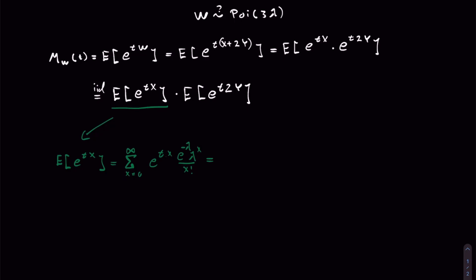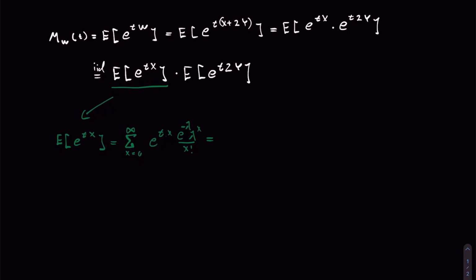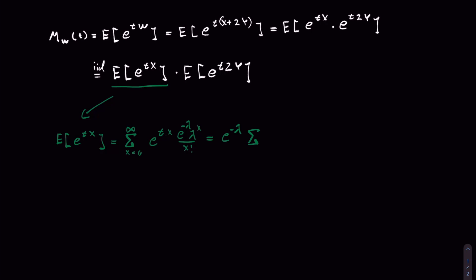Now let's move on. So what do we do here? This looks a little complicated, but we can notice that we can move out this exponential, which doesn't depend on x. So we get exponential minus lambda, the sum over x from 0 to infinity.